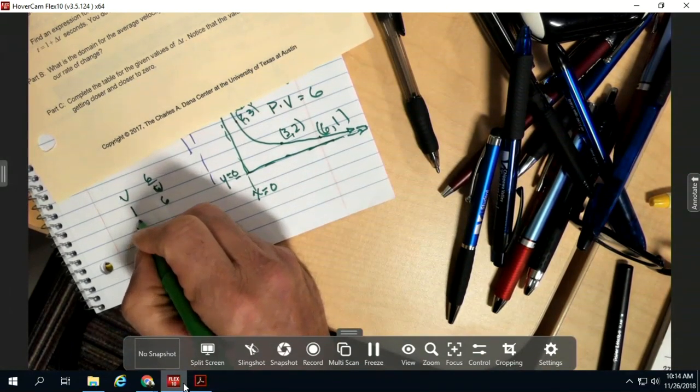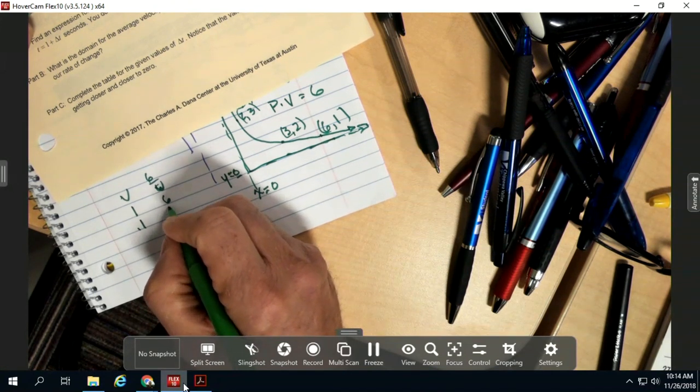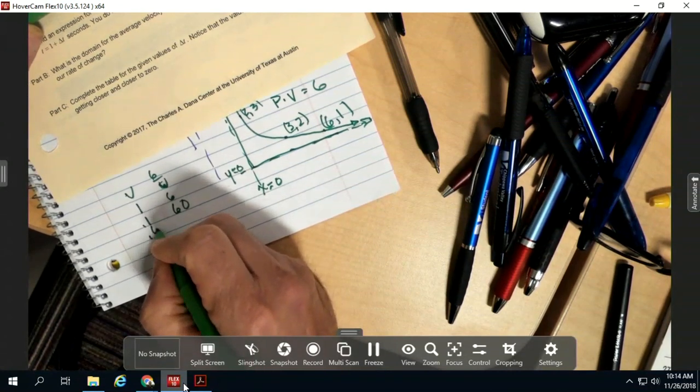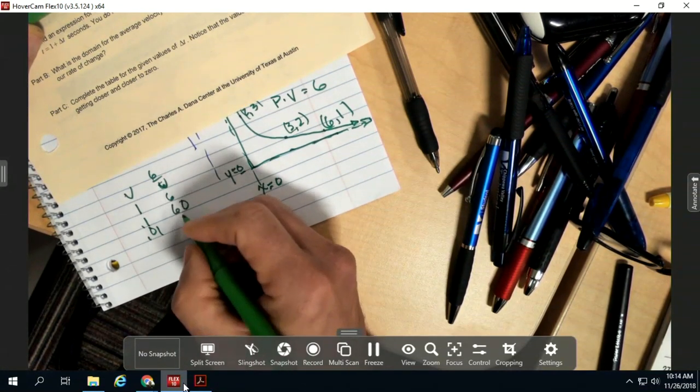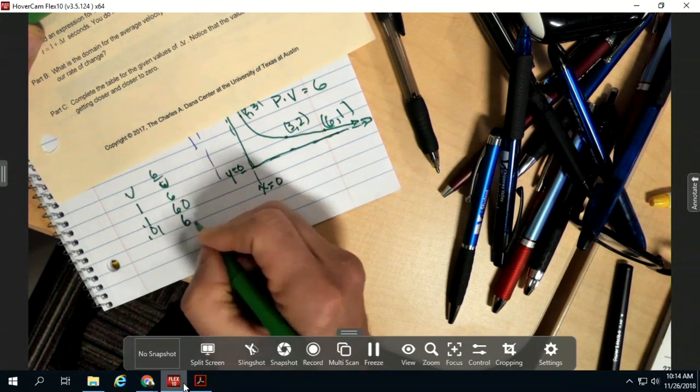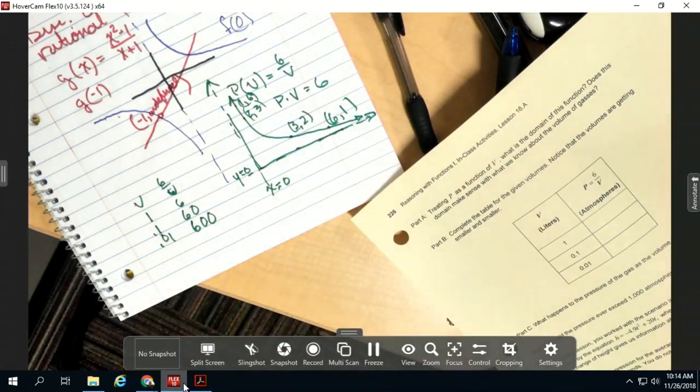If the volume is 0.1, the pressure is 6 divided by 0.1, 60. If the volume is 0.01, the pressure is 600. So as the pressure increases, the volume decreases.